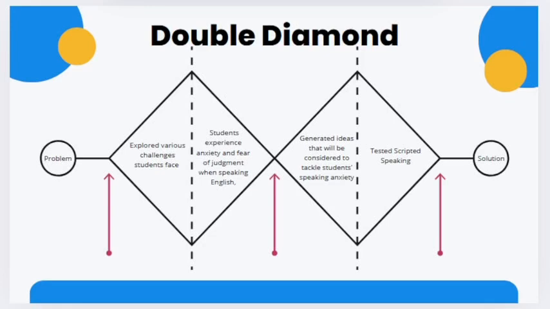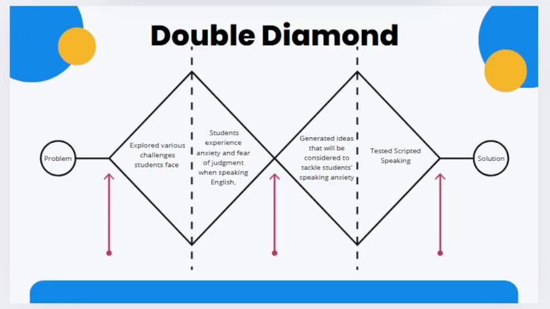So we chose this one. We found that students experience anxiety and fear of judgment when they speak English due to several factors related to the various challenges I mentioned previously.